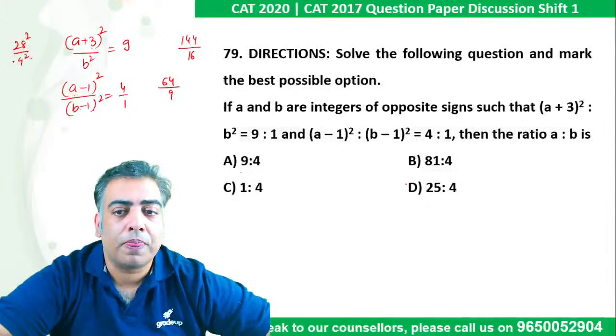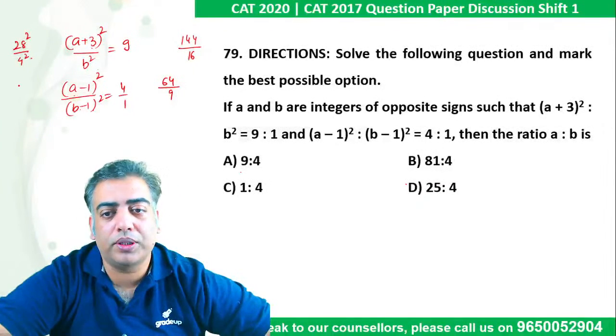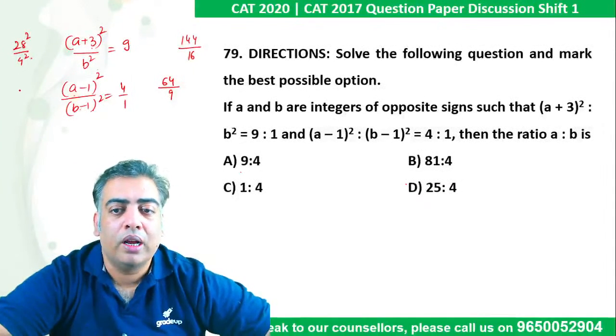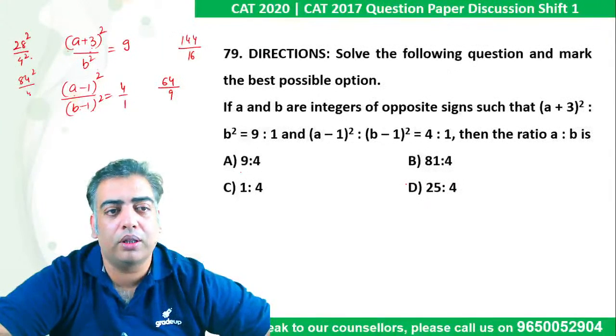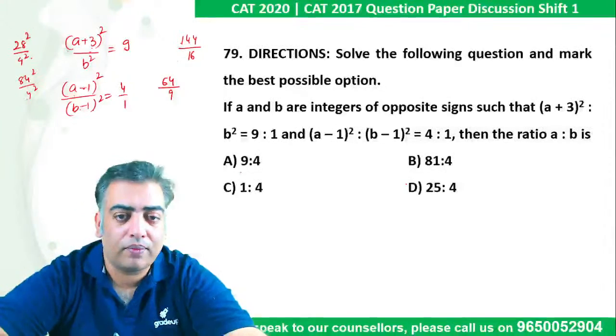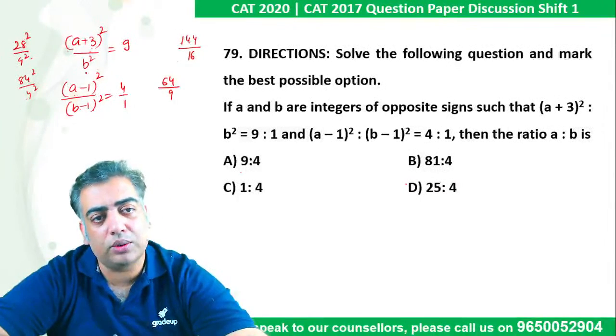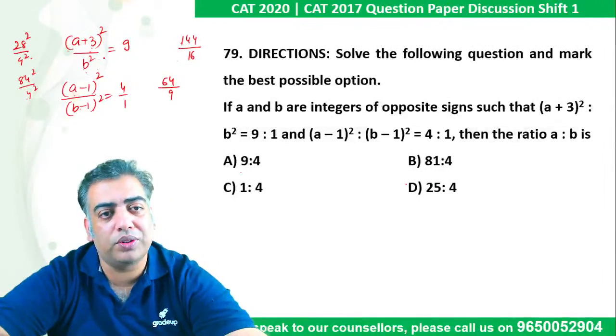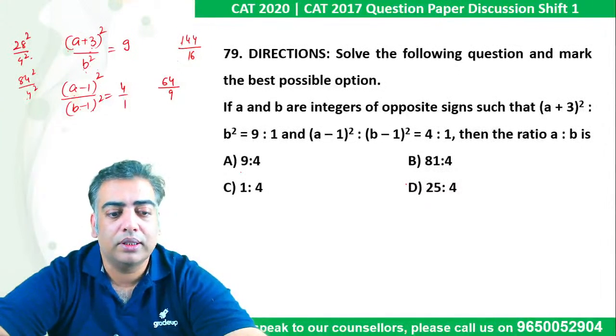All right. So if we work with answer option B, 81:4. So 81 plus 3 is 84 square upon 4 square is not going to end in 9, because earlier 144/16 was resulting in 9. If we take a ratio of 1:4, so 4 square upon 4 square will be 1. That will not work out, right?